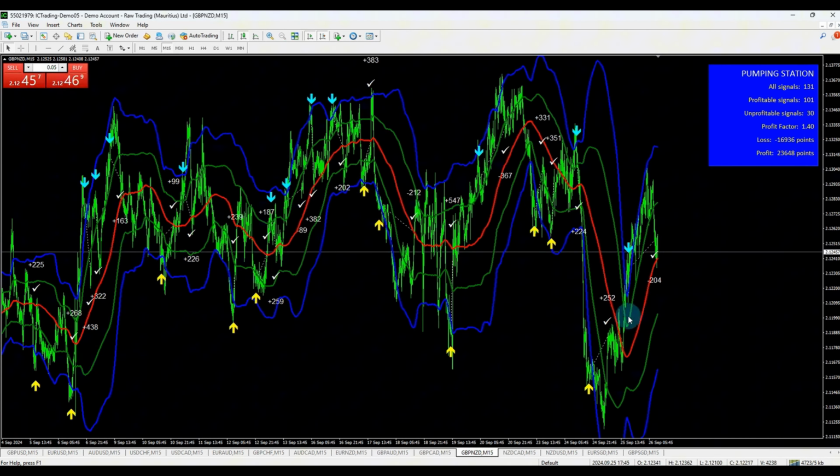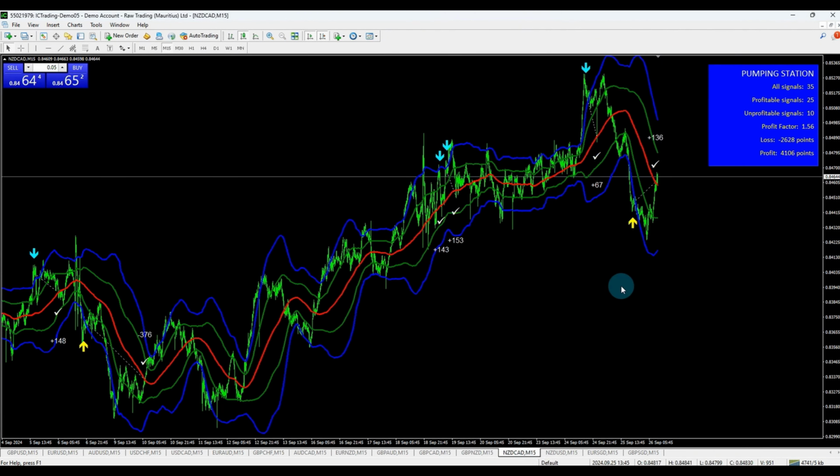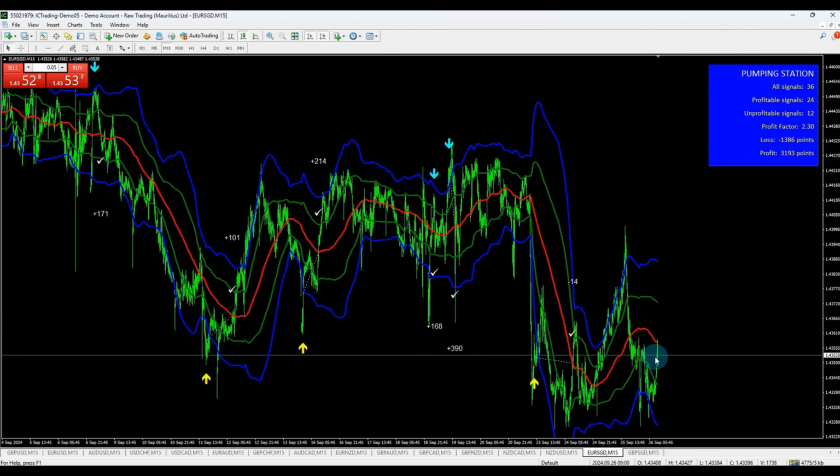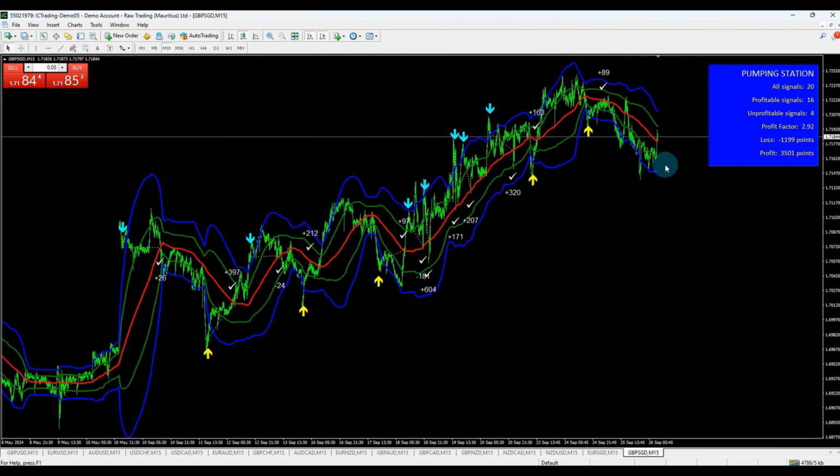Pound against New Zealander. A small loss. NZD against the Canadian dollar. Slightly profit. NZD against USD. Buy signal, profit. Euro against Singapore dollar. Nothing happened. Pound against Singapore dollar. Nothing happened.